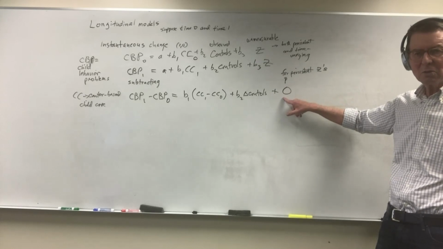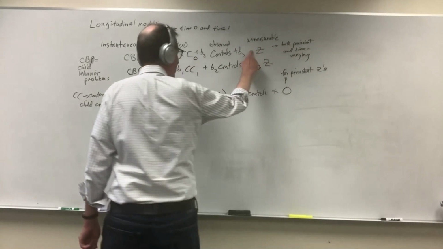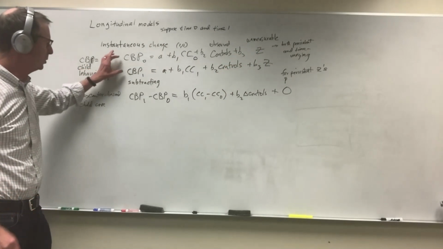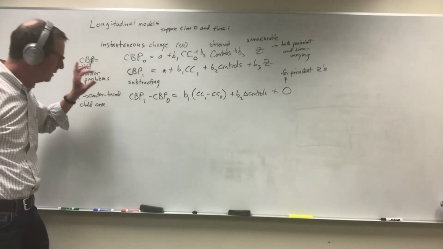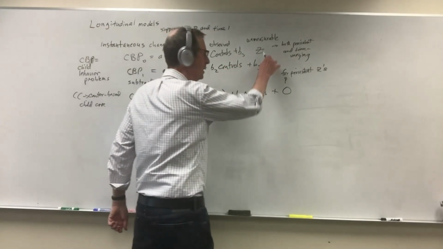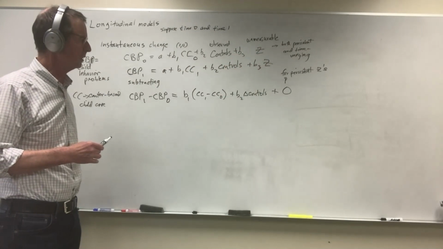Which is a huge benefit. We have omitted variable bias from Z up here. We have omitted variable bias from Z here, if we treat these as a cross section. But if we can difference them, we difference those two things out to the extent that Z is persistent.